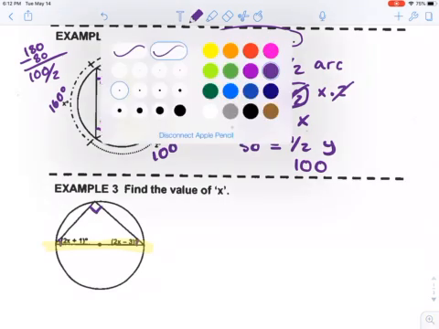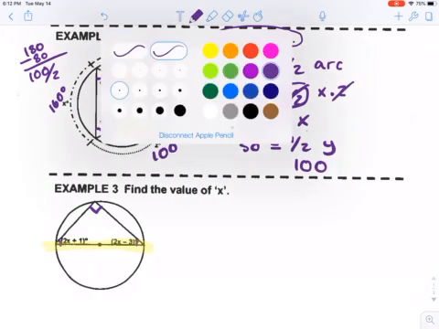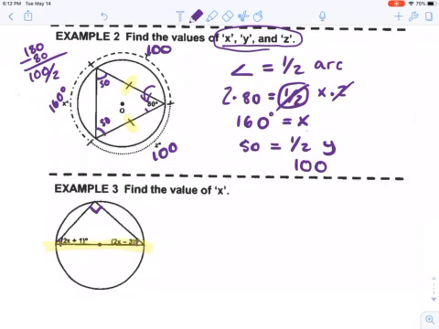So if I want to solve for x, I can set up an expression using prior knowledge of triangles, that all of the angles add up to 180.